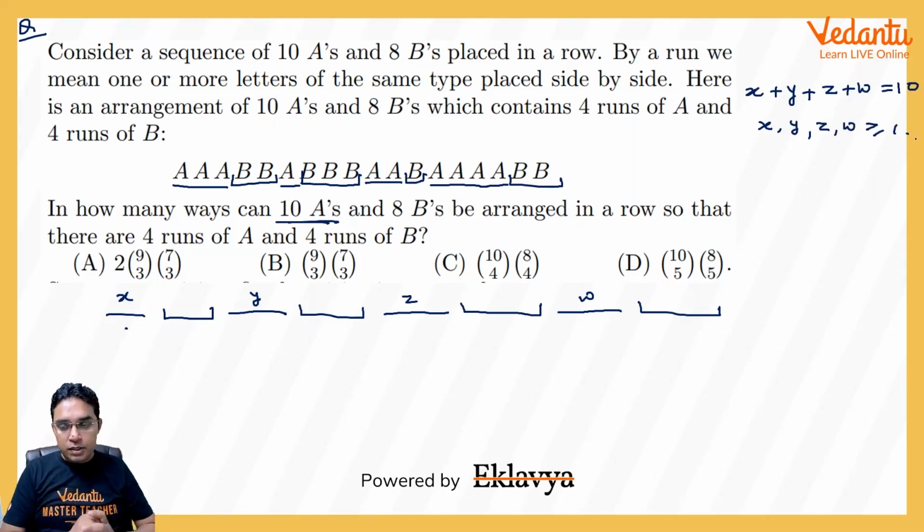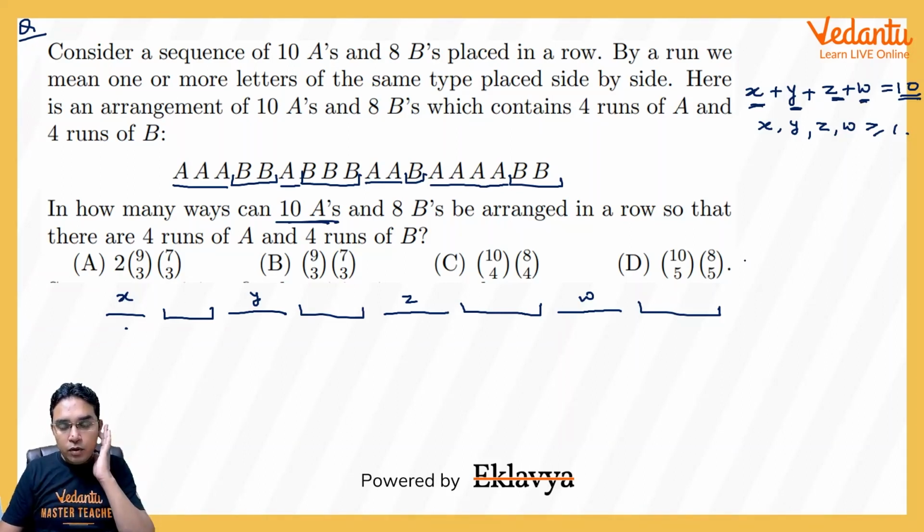In such questions there is a direct formula also, but I always suggest that you remember this type of question as: you have to give 10 coins to 4 beggars such that at least 1 coin is given to each beggar.